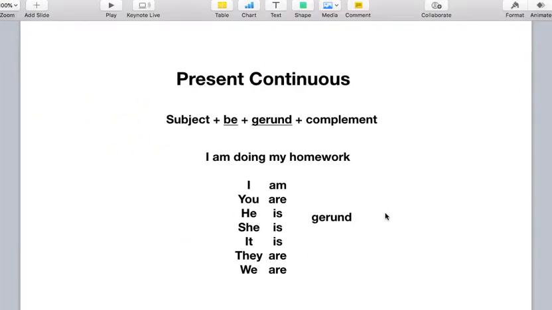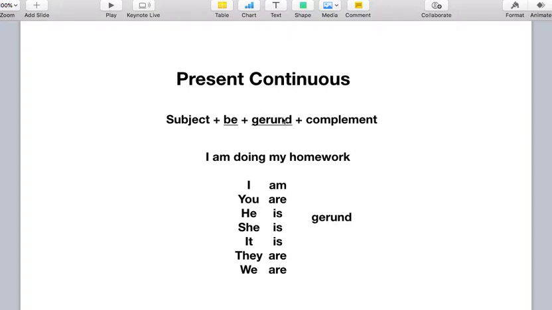If you don't remember the formula or the sentences, I have here the structure. This is the title, present continuous. So the present continuous is composed of a subject like I, you, he, Mary, Luis, my dog, my cat, etc. The verb be: am, is, or are.